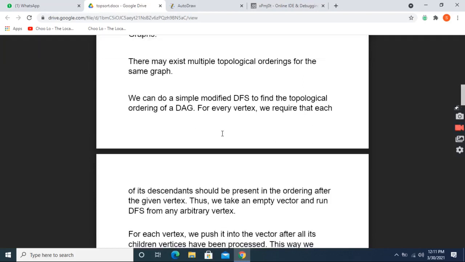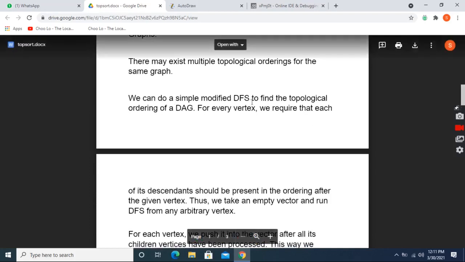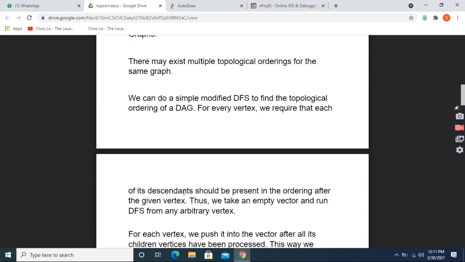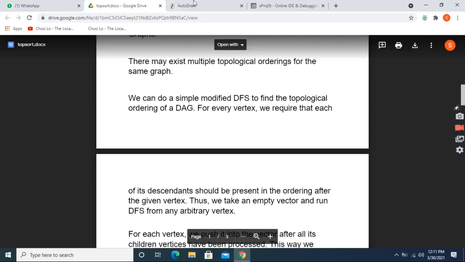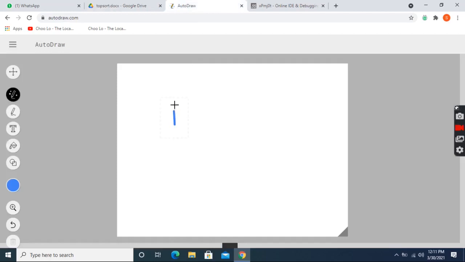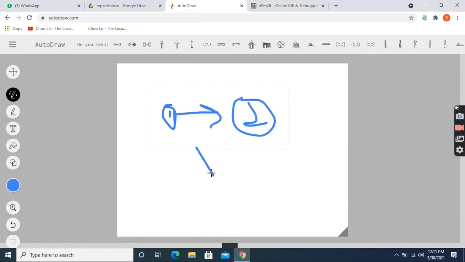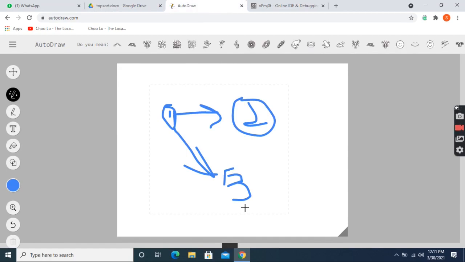So basically it is a simple DFS with only one extra line of code, I'll say. We can do a simple modified DFS to find the topological ordering of a directed acyclic graph. For every vertex we require that each of its descendants should be present in the ordering after the given vertex. So let's suppose that I have a vertex number 1 here, and it has two children, vertex number 2 and vertex number 3.